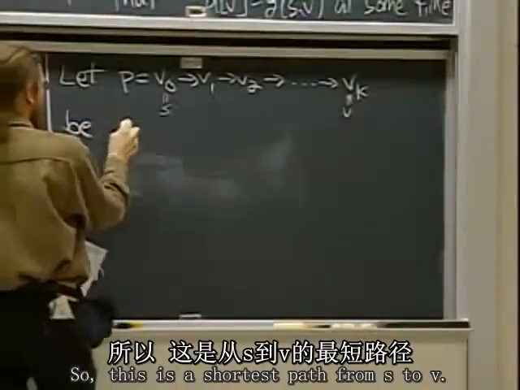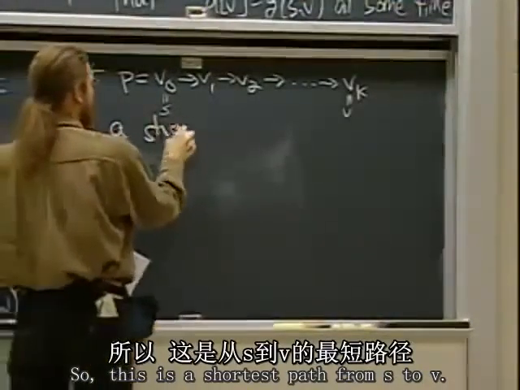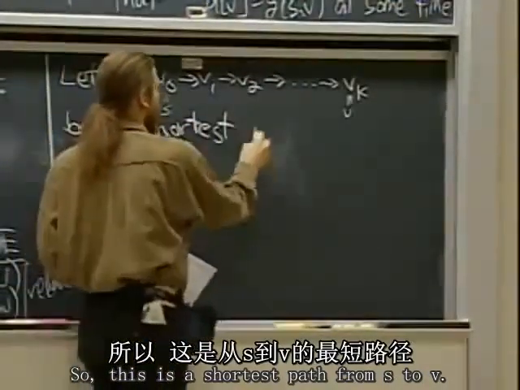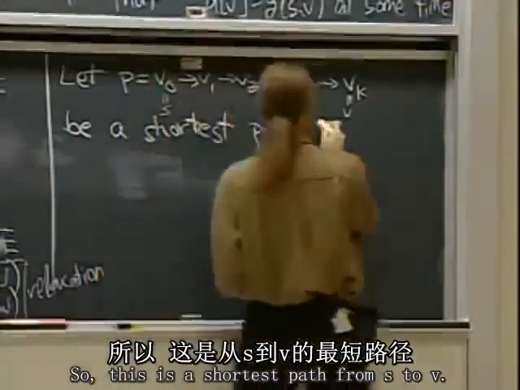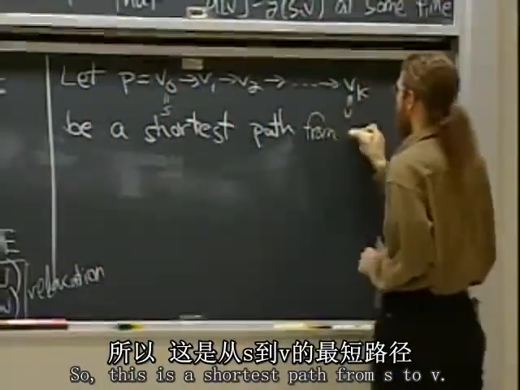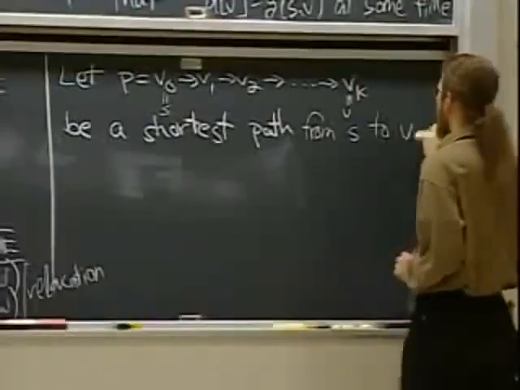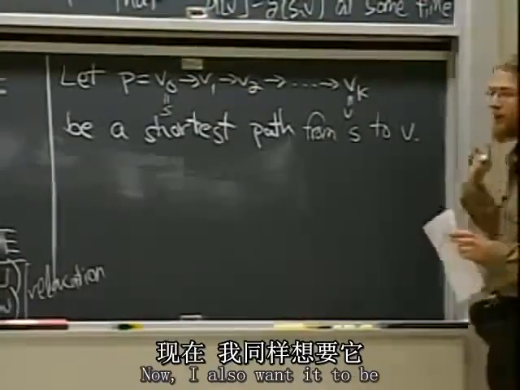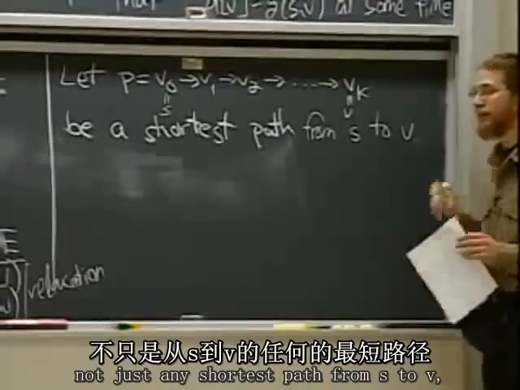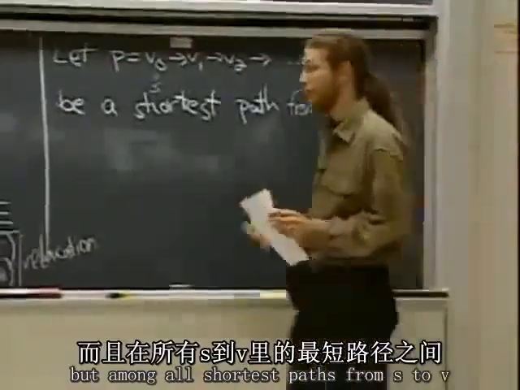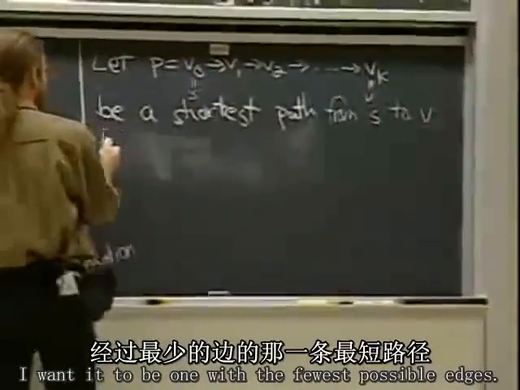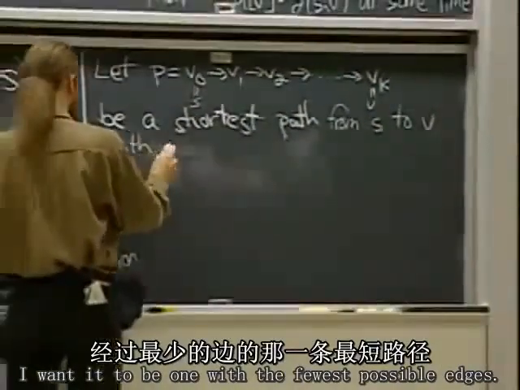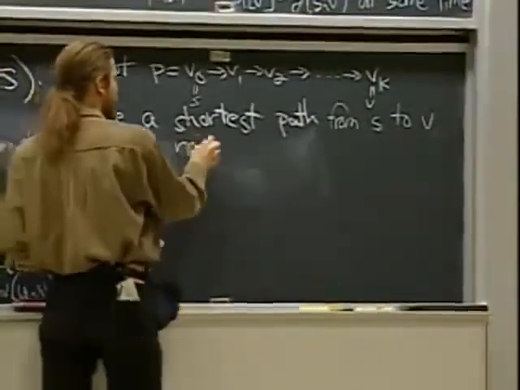So this is a shortest path from s to v. Now, I also want it to be not just any shortest path from s to v, but among all shortest paths from s to v, I want it to be one with the fewest possible edges.